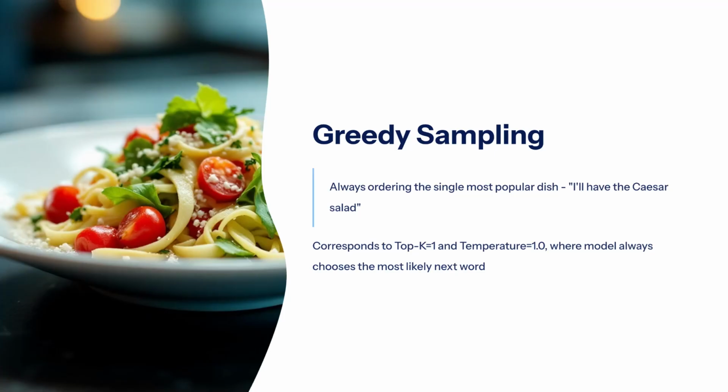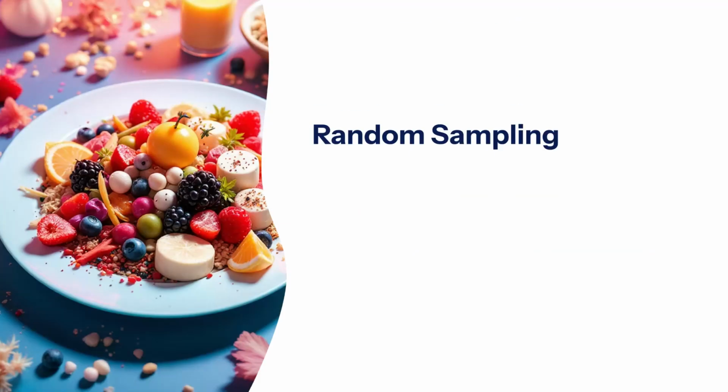The second sampling that we have to understand is random sampling. If you're ordering in a restaurant, random sampling would be the equivalent of choosing your order by literally pulling a menu item at random, with no regard to what type of dish it is or whether it even makes sense. So you might end up ordering something like, "I'll have a chicken fried steak soup," or "I'll have a cheeseburger."